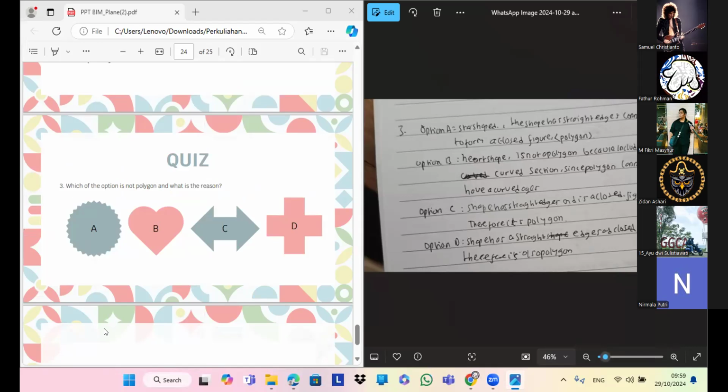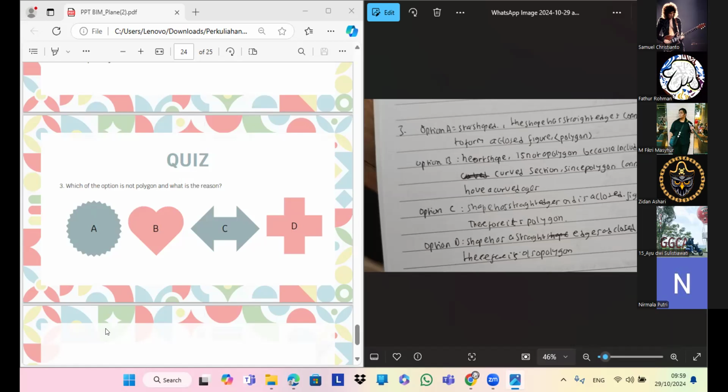Now we look at the options. A polygon has straight edges connected to form a closed figure. So option A is a polygon. Option B is a heart shape. It's not a polygon because it includes some curved sections. Since a polygon cannot have a curved edge, option B is not a polygon.